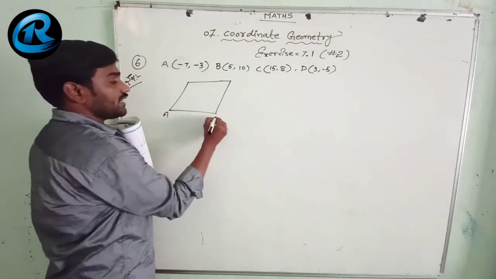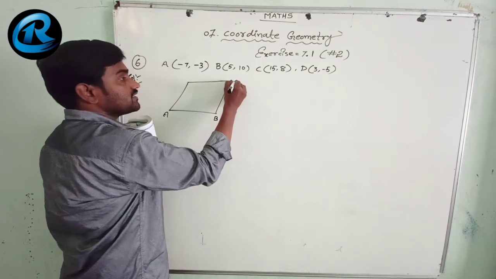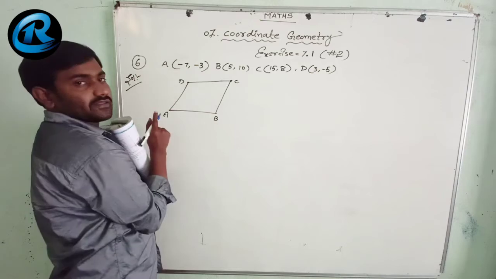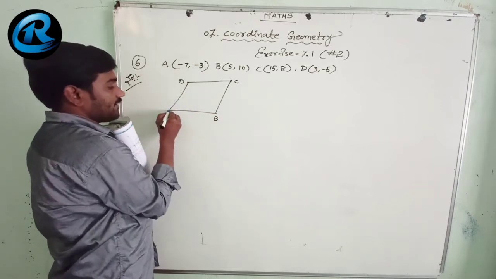That means if you take A here, you have to take B, C and D in that order, A, B, C, D. These points you have to take in order.